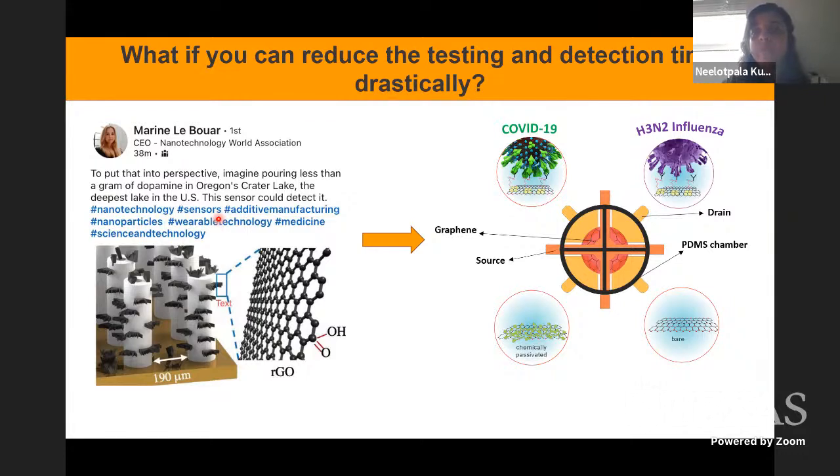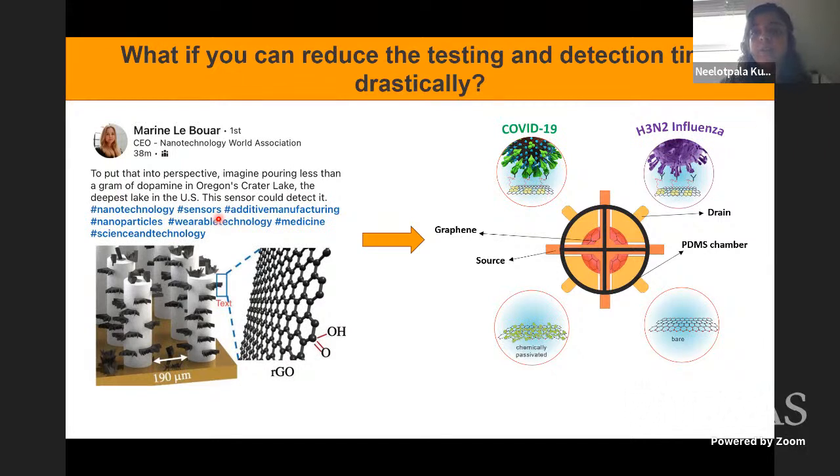So how do you detect whether the person is having COVID-19 or flu? Since the treatment and containment protocol is different for both of them, you would want to know what the person is suffering from so that you can tailor make the protocol for the person, whether the person needs to be quarantined or needs to be put on antibiotics immediately.